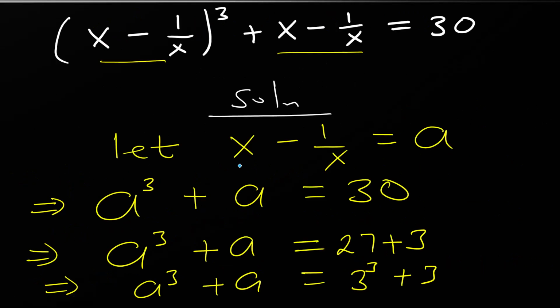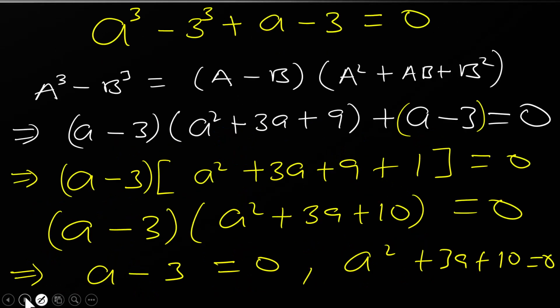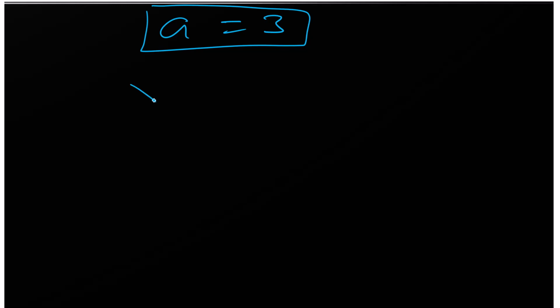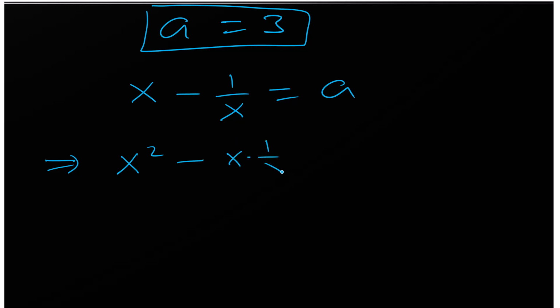Remember we said that x - 1/x equals a. So let's distribute the x here. That will be x squared minus x times 1/x equals ax.